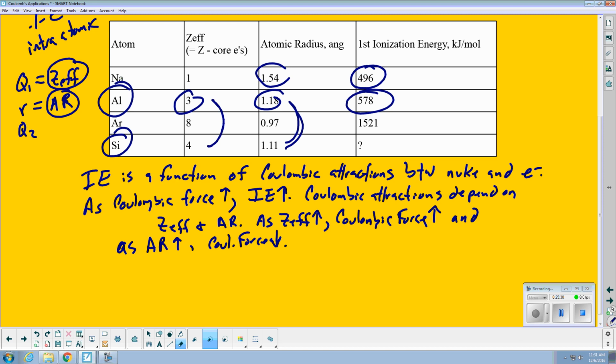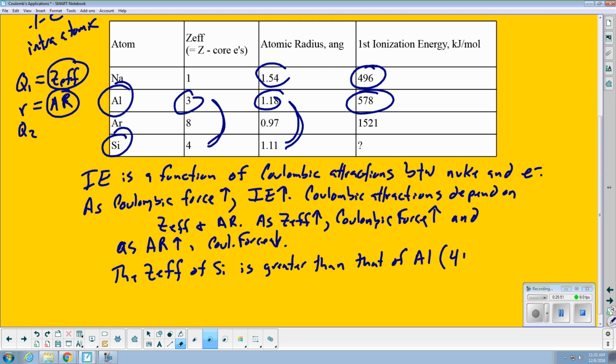First of all, the Z effective of silicon is greater than that of aluminum, right? We're looking at 4 versus 3 for my Z effective.